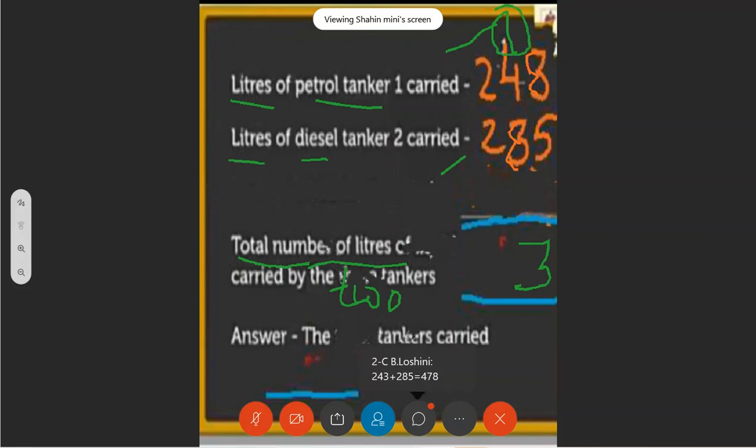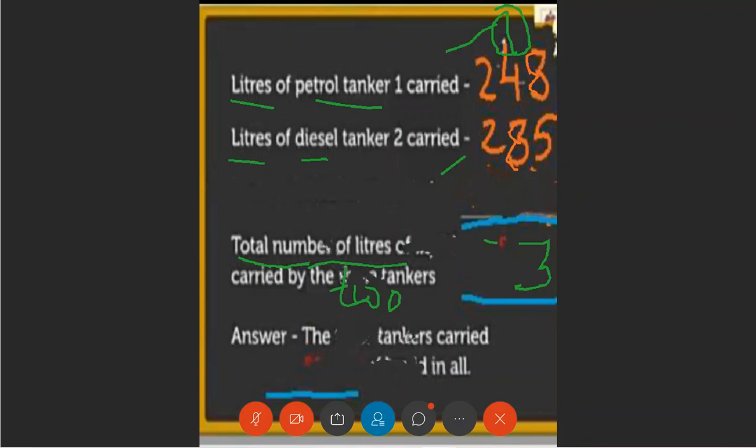Yes, 1 plus 4, 5. 5 plus 8, 5 in the mind, 8 in the fingers. After 5, 6, 7, 8, 9, 10, 11, 12, 13. Yes, 3. And one more 1 is there, carry 1.